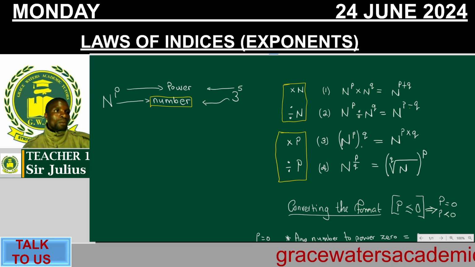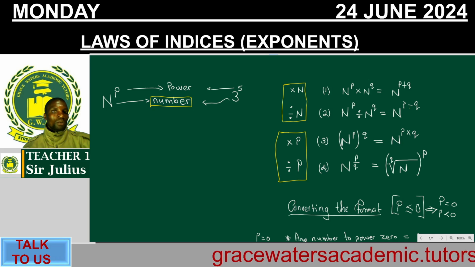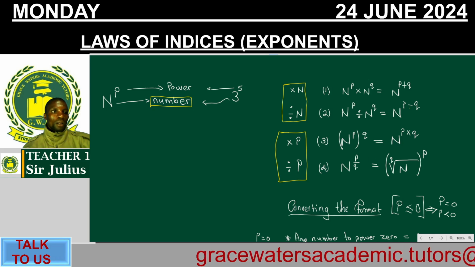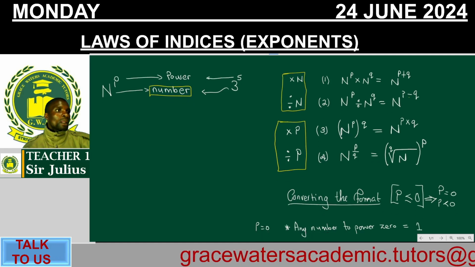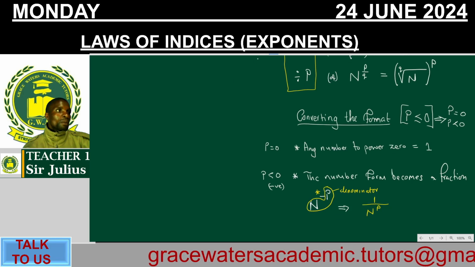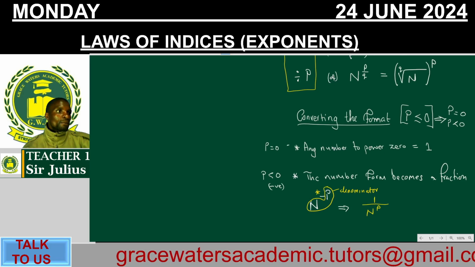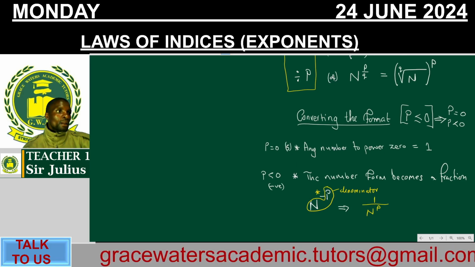N to the power p to the power q, there is multiplication of powers. N to the power p over q, the denominator becomes part of the square root, while the numerator remains the power. Then we have the change of format rules, which form law number 5 and law number 6.